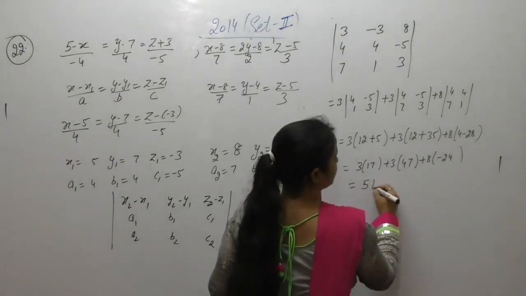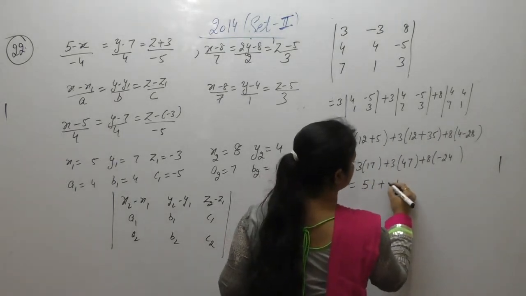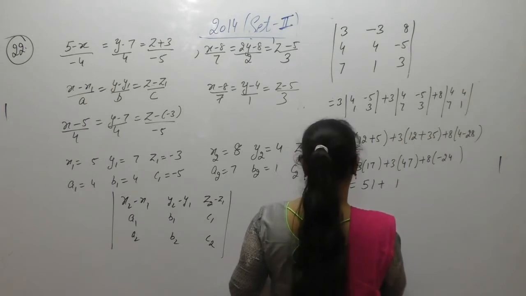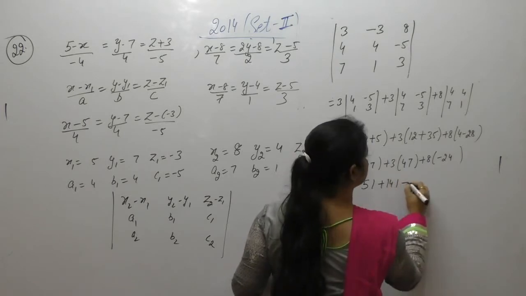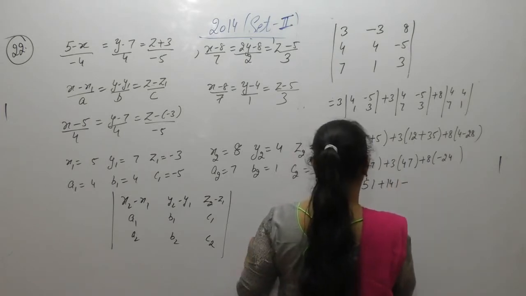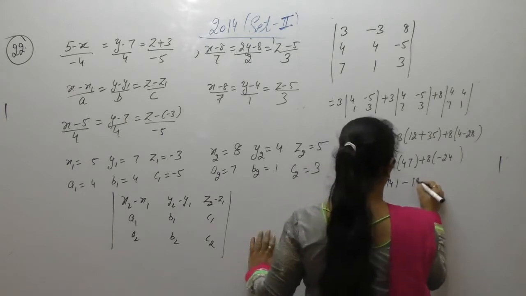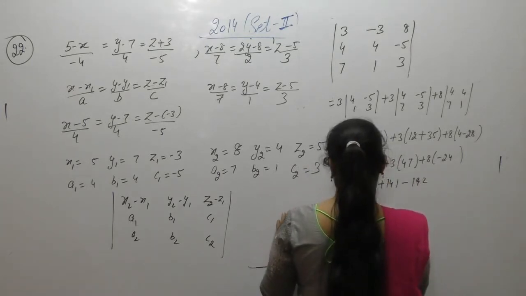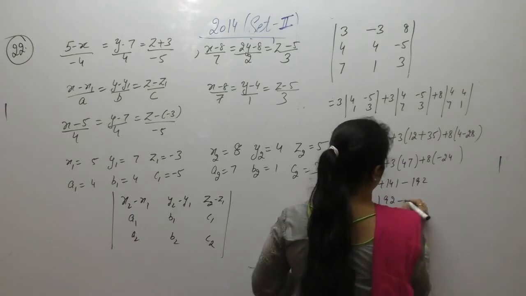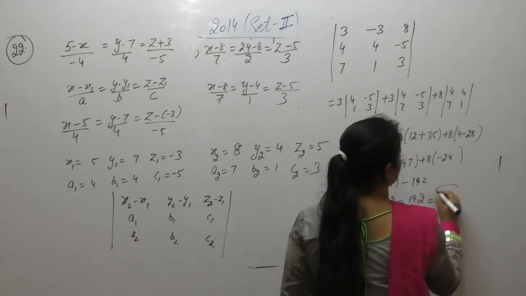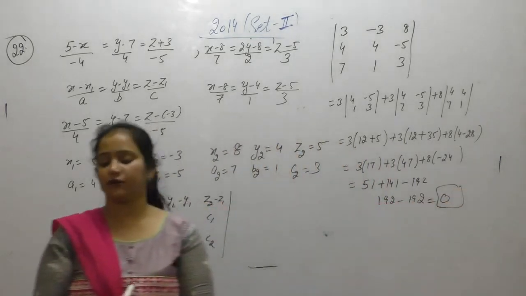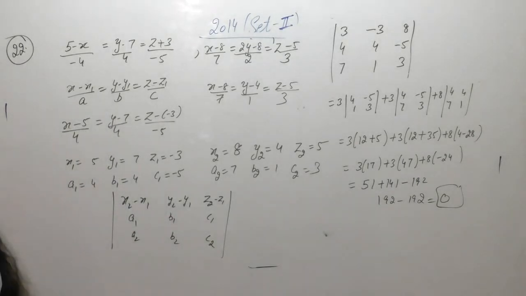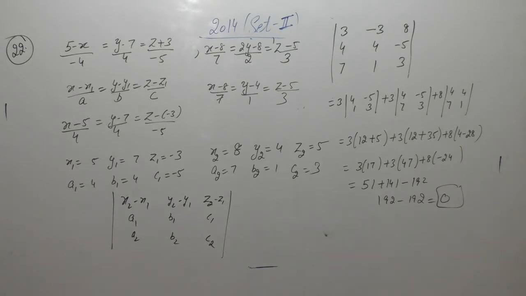Multiply these terms. The result is 0. Therefore, the given lines are coplanar.